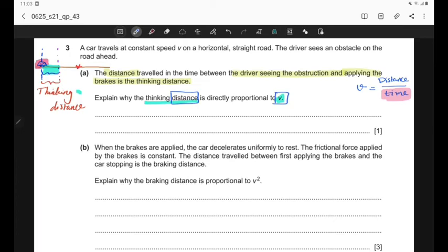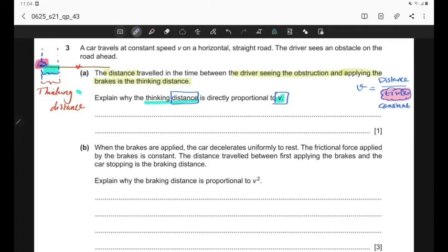So we know that the thinking time, to realize that there is an obstacle, so I should stop the car, so I should apply the brake, will always be constant. It doesn't matter how slowly or how fast he was driving, the thinking time will always be the same or constant. It completely depends on the driver. So we can understand the thinking time here is a constant value.